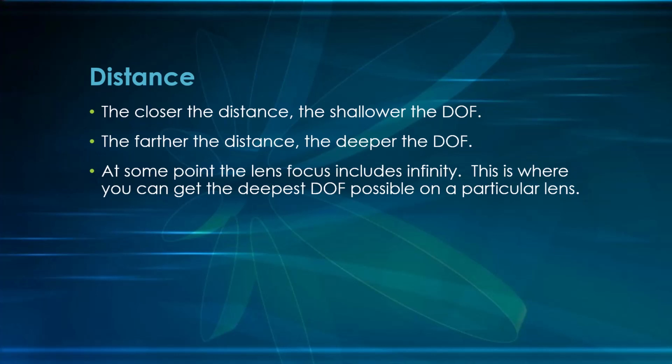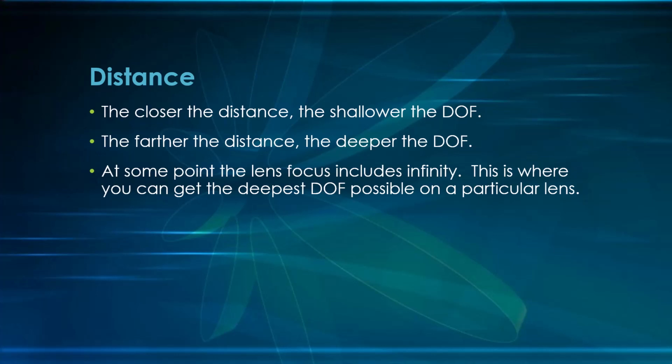In this case, distance directly affects the depth of field. The closer the distance, the shallower the depth of field. The farther the distance, the deeper the depth of field. At some point, the lens focus includes infinity. So this is where you can get the deepest depth of field possible on a particular lens.